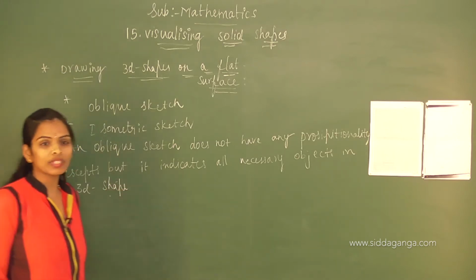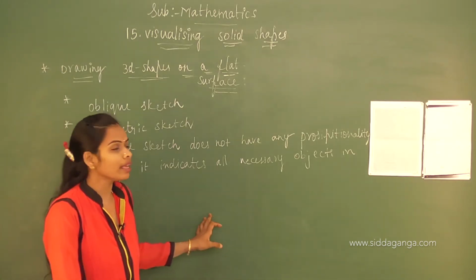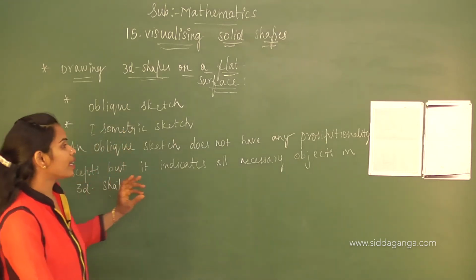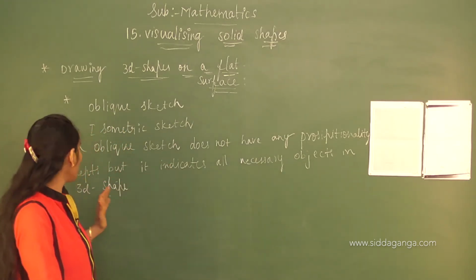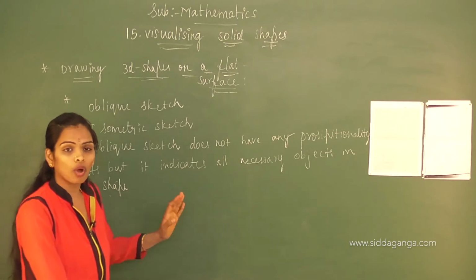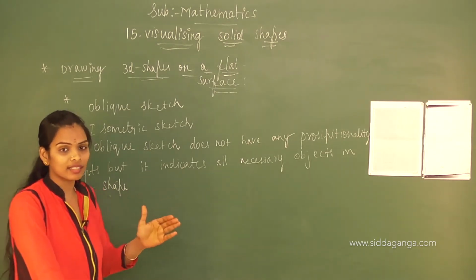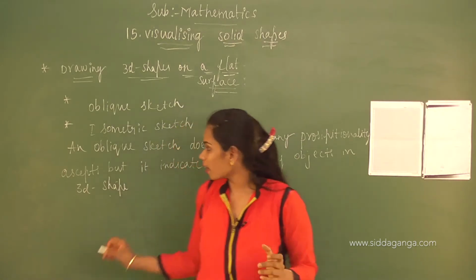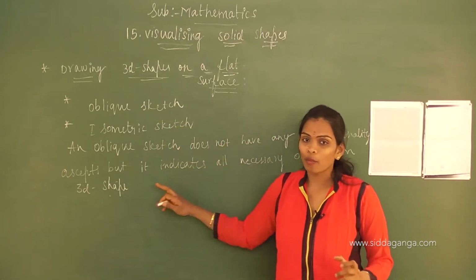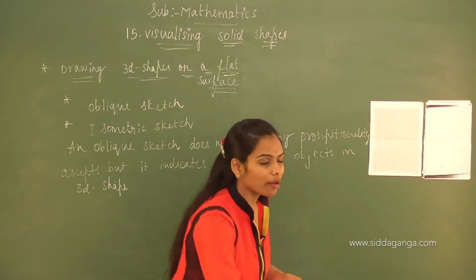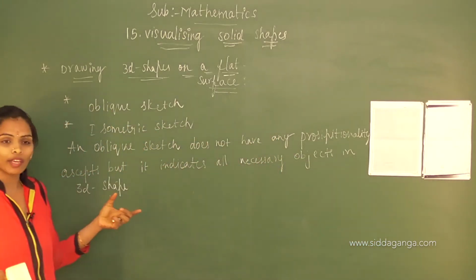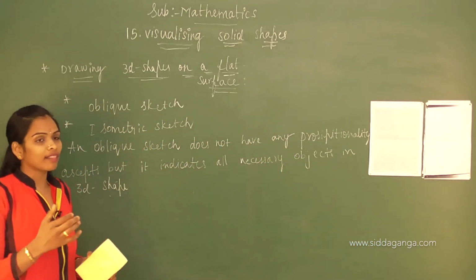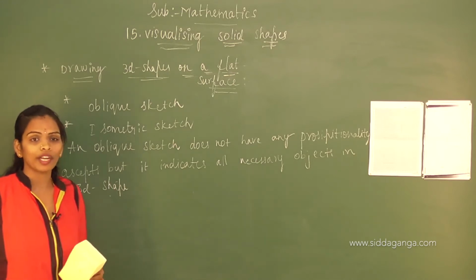It is not a proper sketch for the given 3D shape, but it will give all flat surfaces, all necessary objects, height, length, and appearance for the given 3D shape. It is not a proper one, but by it we can tell the appearance of the 3D object.